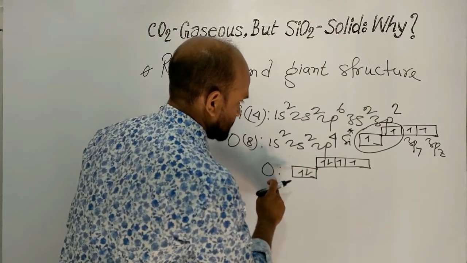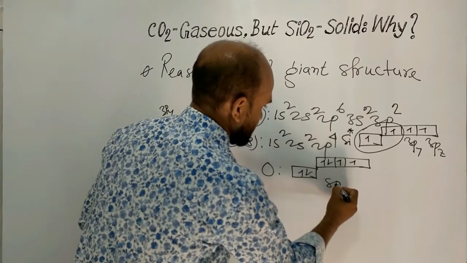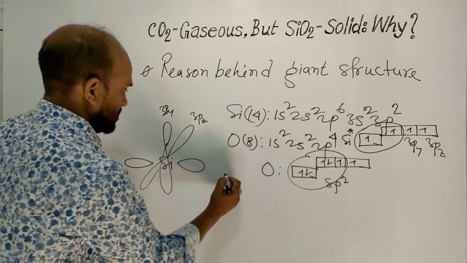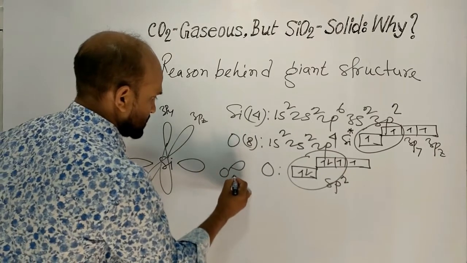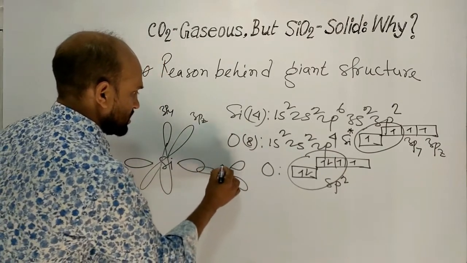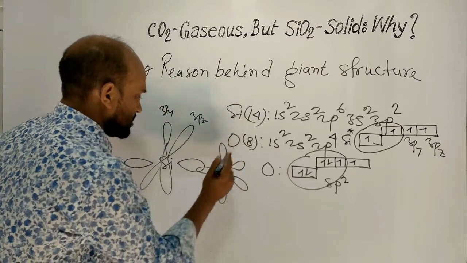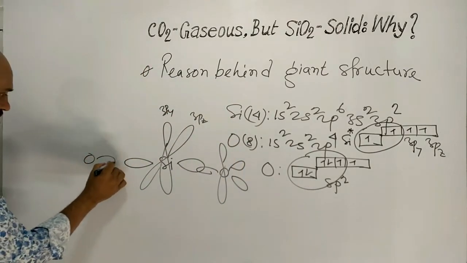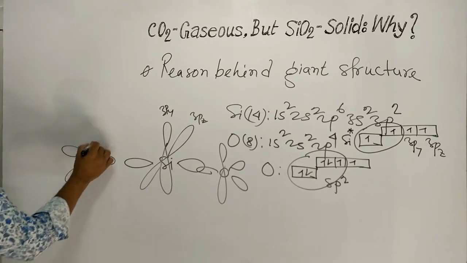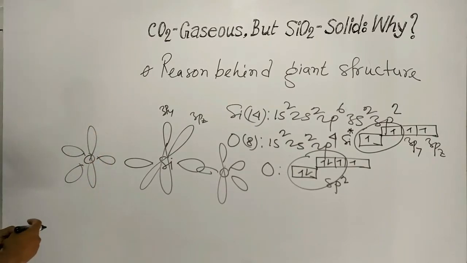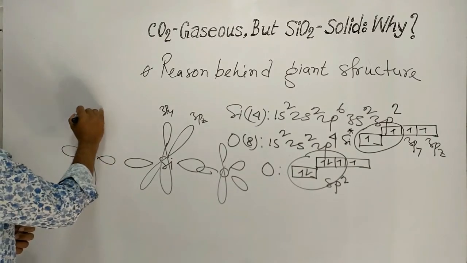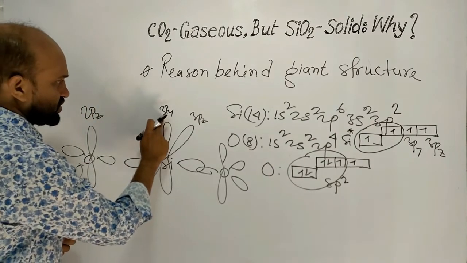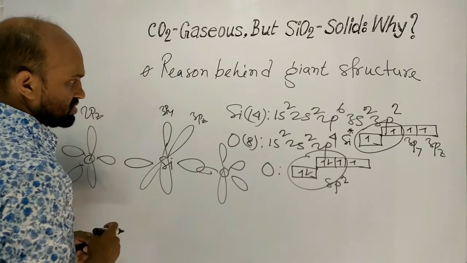Oxygen undergoes sp2 hybridization, and one orbital remains unhybridized. This is 2pz, but these are 3py and 3pz.